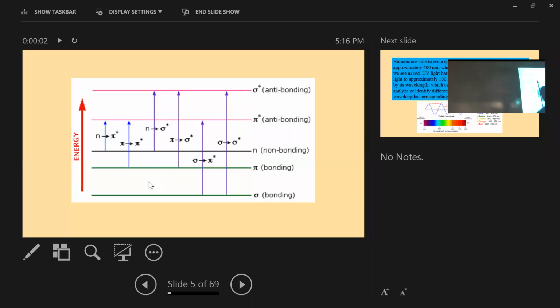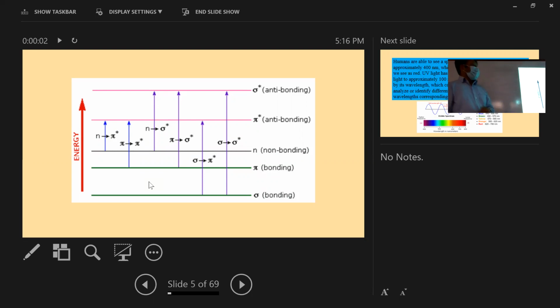Here you can see, if we put some energy, that means we are giving some energy to the atom. This is our atomic ground state.